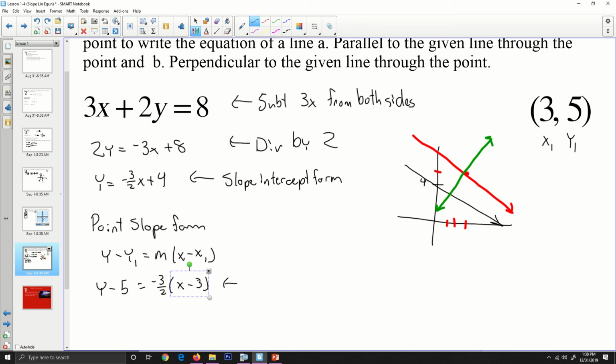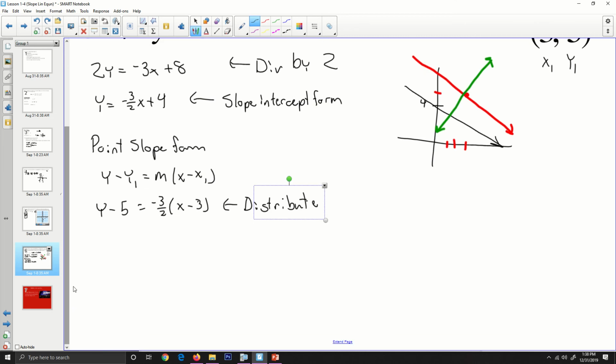All right, so the first thing I want to do here is distribute. So I've got y minus 5 equals, well, it's going to be -3/2 x. And then when I multiply a negative times a negative, I'm going to get positive 3/2 times 3, which is 9/2. Now I'm going to add 5 to both sides.